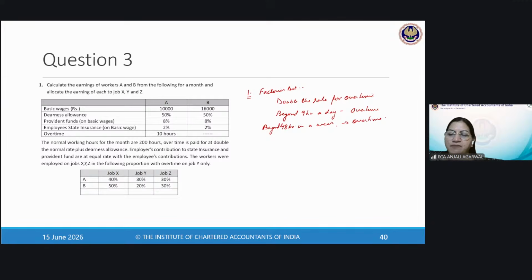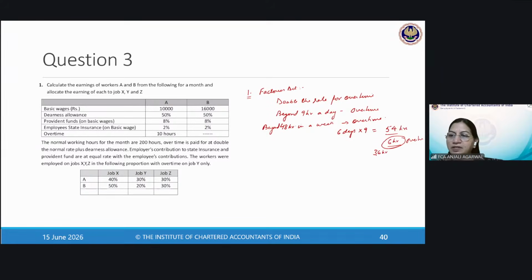Now, if I'm working 6 days a week and 9 hours every day, I work 54 hours. So as per day, I've never done any overtime. But as per the 48 hours week, I have done 6 hours overtime. So this will be counted as overtime, whichever is more beneficial. If I'm working 12 hours on 3 days, I'm working 36 hours, which does not cross 48 hours, but it crosses 9 hours each day.